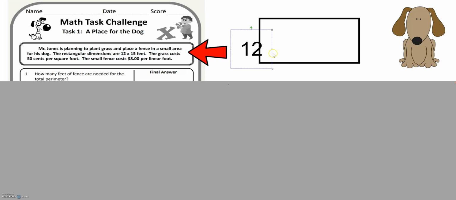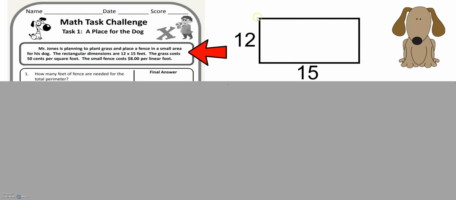And I know that this is 12 by 15 feet. What do I need to do with these numbers to solve for the perimeter? The perimeter, the distance around.